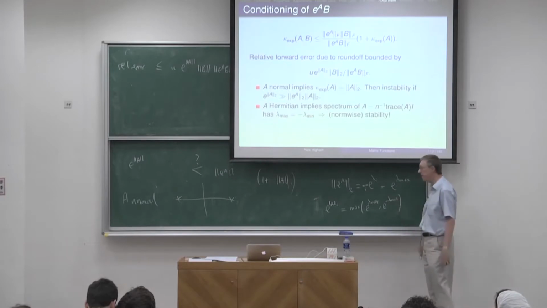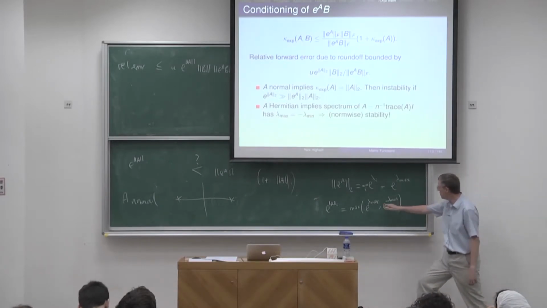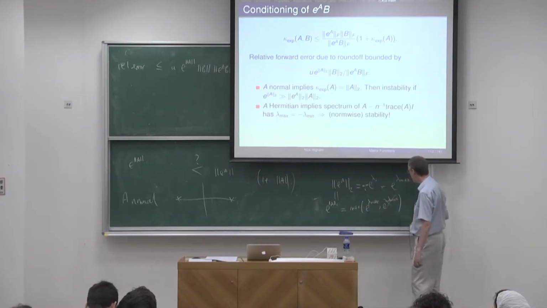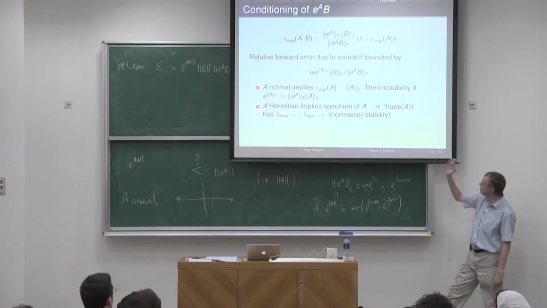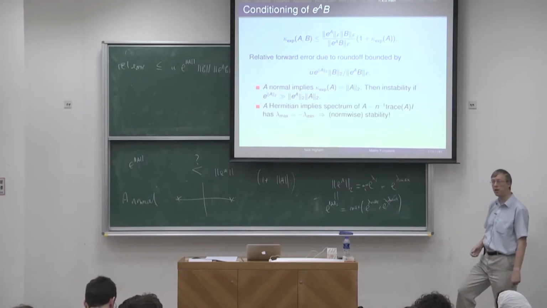So minus lambda min is equal to lambda max after my shifting operation. Therefore, this is actually equal to that. So I can just cross that out because it's the same as lambda max. So the shifting actually guarantees that, at least for Hermitian A, this is going to be stable.